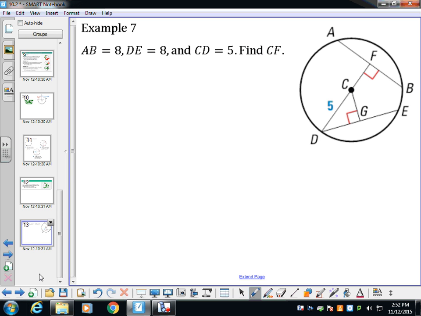So in example 7, because AB and DE are congruent chords, they are equidistant from the center. So CF is congruent to CG. So to find CG, we first have to find DG.